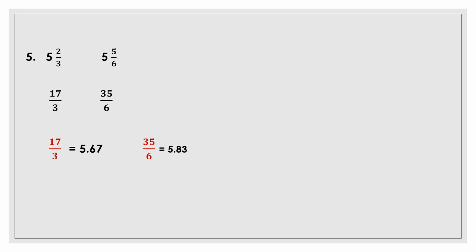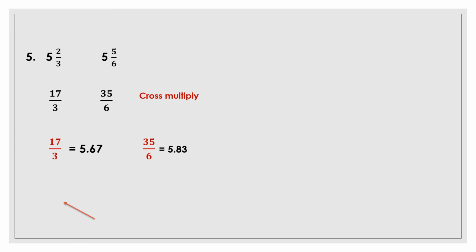So, sa decimal equivalent, we have 17 divided by 3 ay 5.67. Then 35 divided by 6 is 5.83.